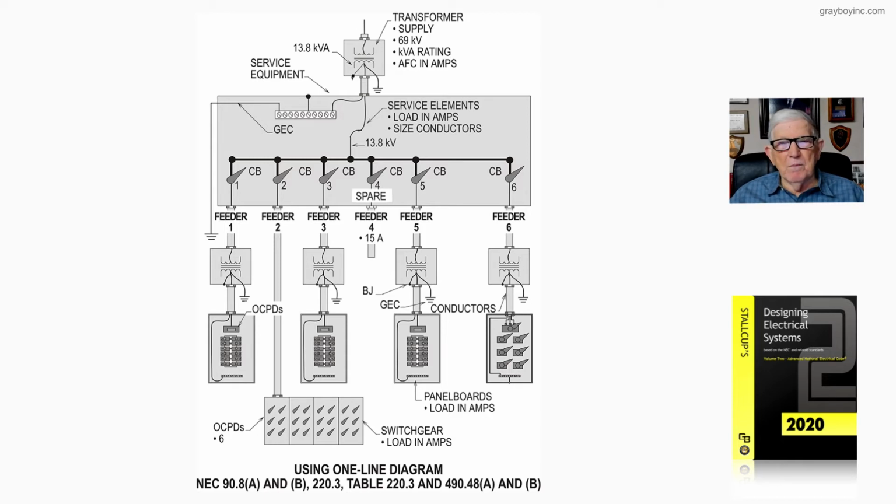So what we're basically doing here is selecting the components, like the overcurrent protection devices, conductors, things of that nature, that would correspond with Article 490. And I said I thought that the higher voltage was feeder 5.